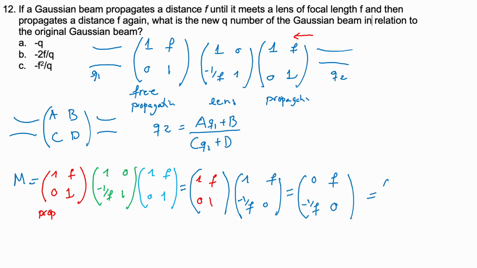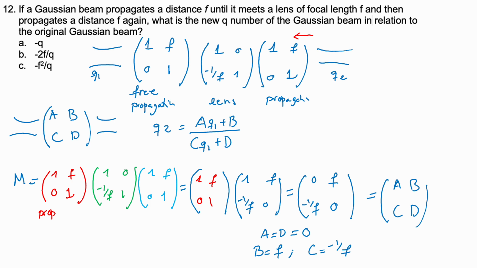And this is going to be the ABCD matrix of the system. So now we know that A and D are equal to 0, B is f, and C is minus 1 over f.